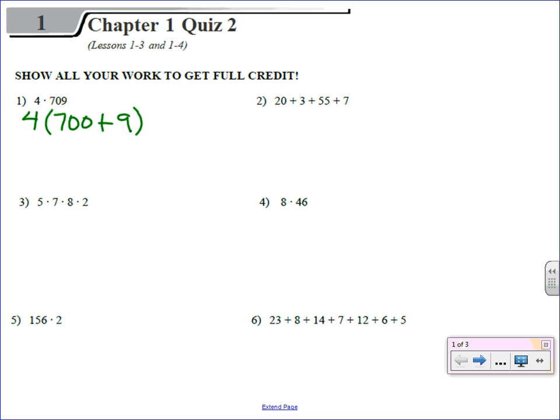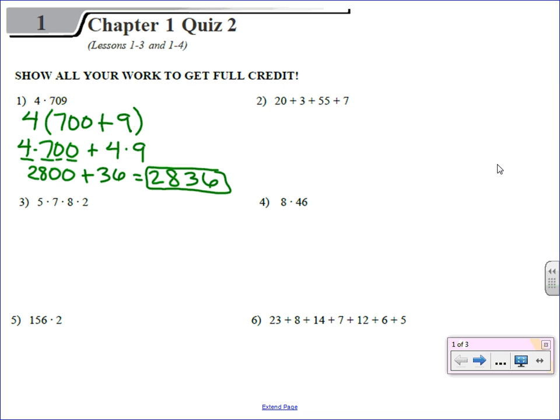And then what the distributive property does is it takes 4 times 700 and then keeps the symbol in between, plus 4 times 9. 4 times 700, 4 times 7 is 28. And then you put however many zeros you ignored at the end. And 4 times 9 is 36. So the final answer for this is 2836.